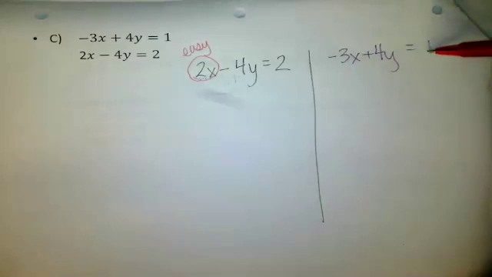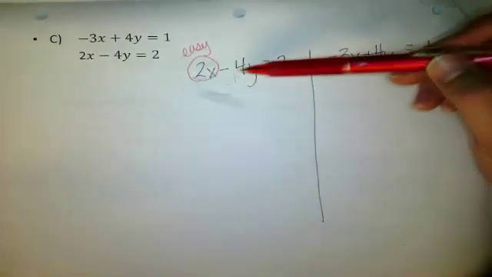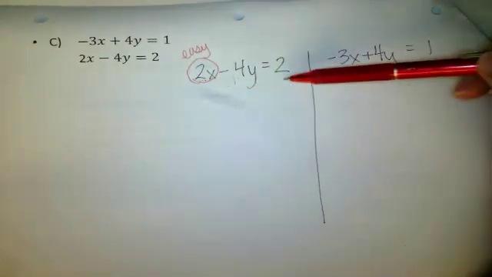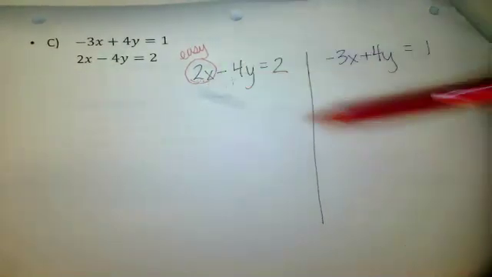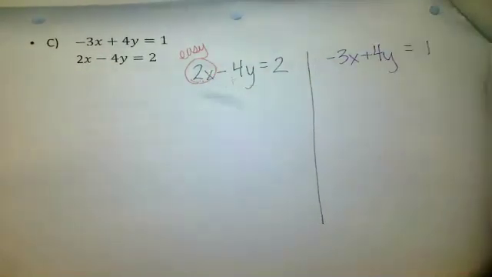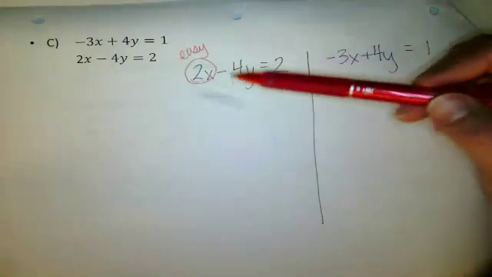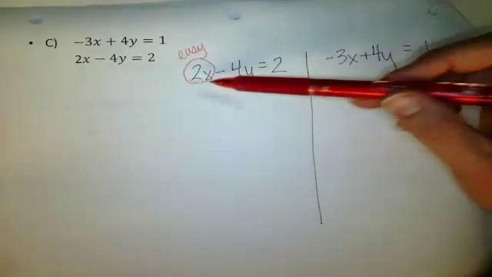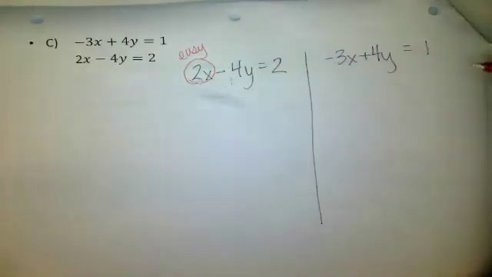And if I divide by negative 3, I'd get 4/3 and 1/3. I'd get fractions. Fractions don't make life easy, do they? So that would definitely not be an easy variable. The same if I divided through by 4. Divide by 4, divide by 4, divide by 4. I'd get a half. Here I'd get a half. So again, I would get fractions. But when we divide by 2, those will clean up just fine.